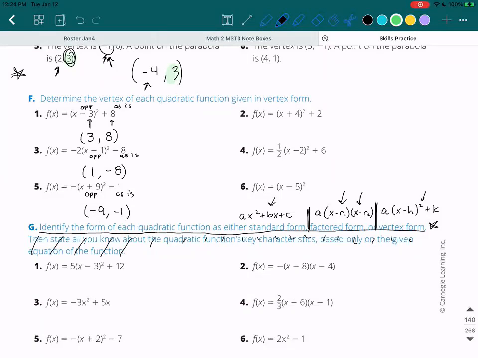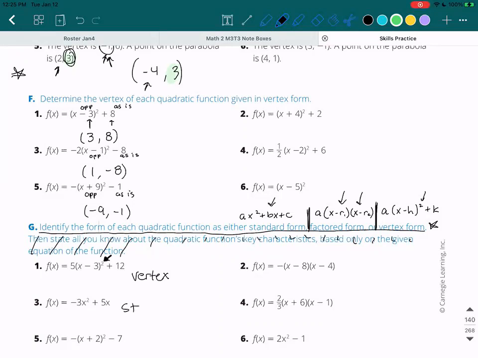So for number 1, when you look at it, I see a parentheses being squared. So which form would this be in? You guys can just shout it out. Vertex. Vertex, good. All right, number 3, I see no parentheses at all. What form would that be? Standard.